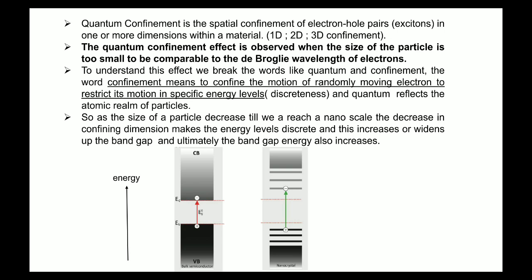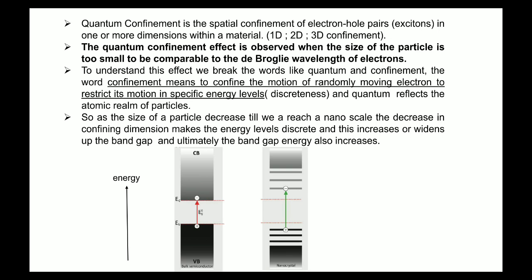When the electron and hole are present in a pair, it is called an exciton. So quantum confinement is the spatial confinement of electron hole pairs, that is excitons, in one or more dimensions within a material.